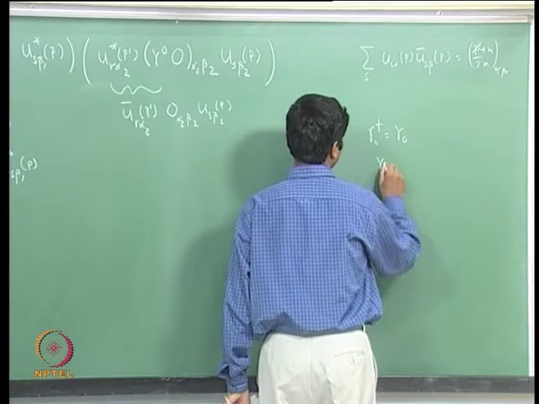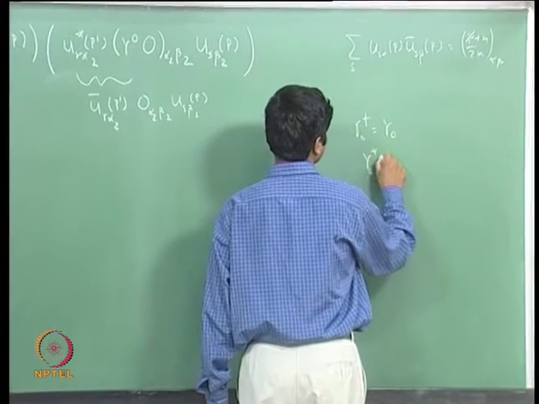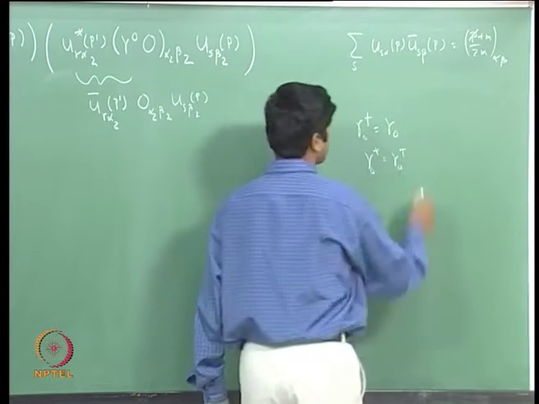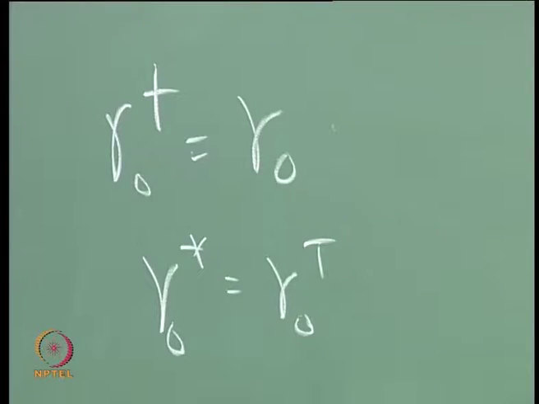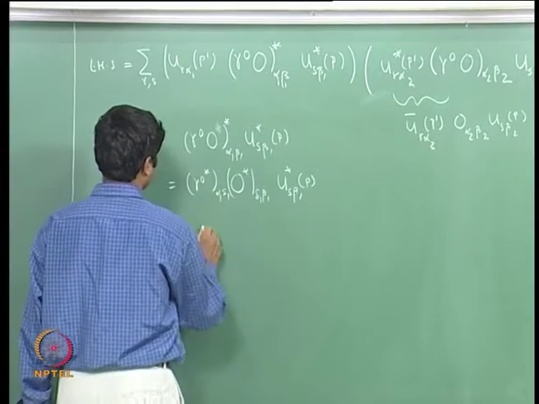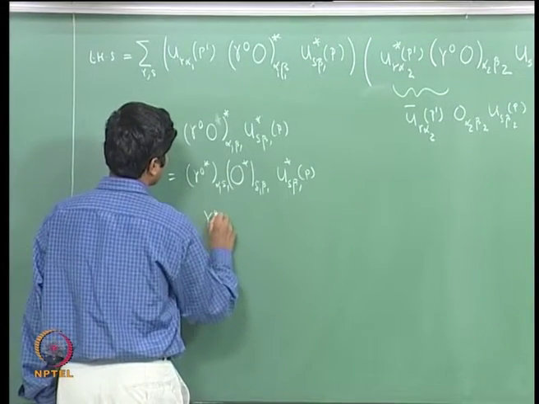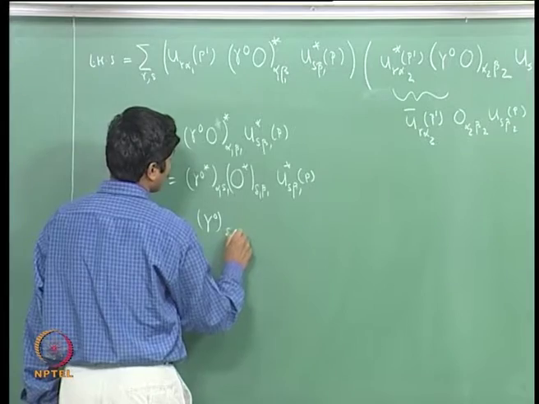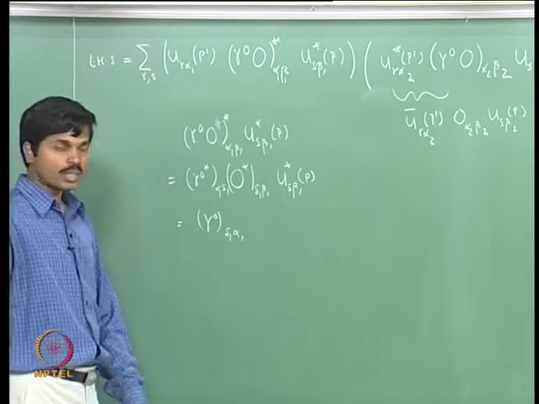So, this simply implies gamma 0 star is gamma 0 transpose. Therefore, gamma 0 star alpha 1 delta 1 is nothing but gamma 0 of delta 1 alpha 1, all right.